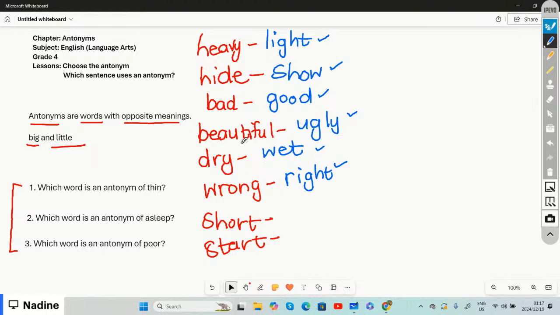Yes, and short, tall. Well done. And then the last one, what is the antonym of start? The antonym is finish. Well done. So these are antonyms. On the one side, I put one of the words in red, and the others in blue, just to show the opposite of those words.